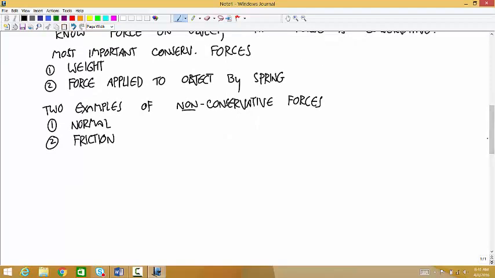So we're breaking up the world into these two types of forces. Conservative forces, which we like because we're going to see that they're simple to deal with, and non-conservative forces, which are a little trickier to deal with. Okay? If a force is conservative, there are two properties about it that we're going to take advantage of.